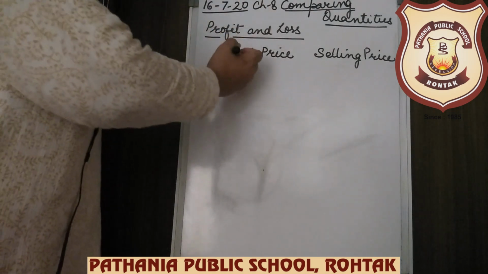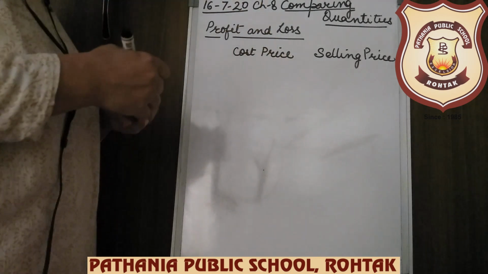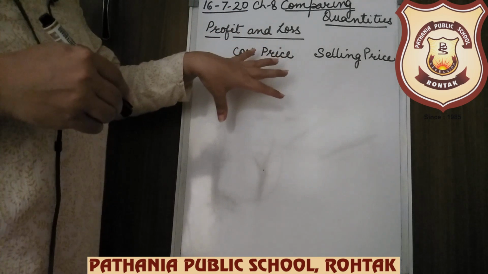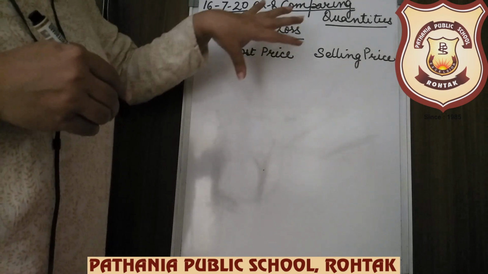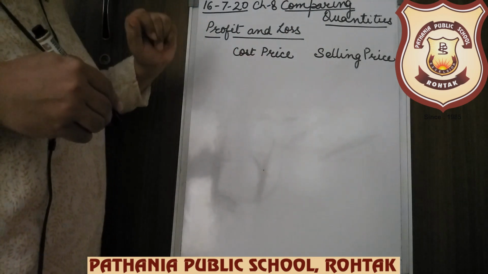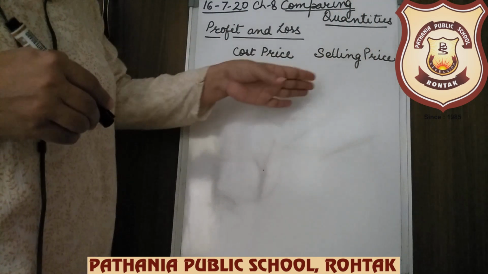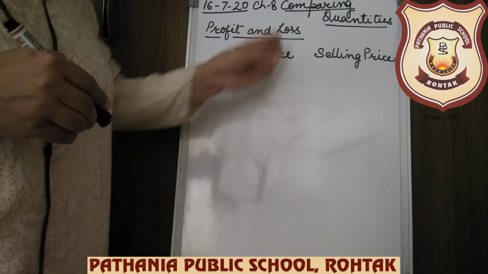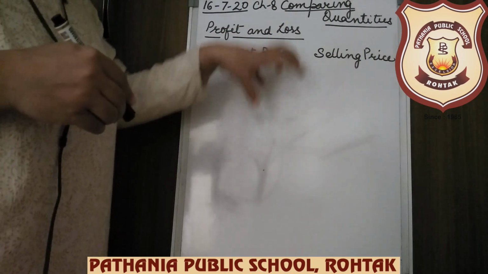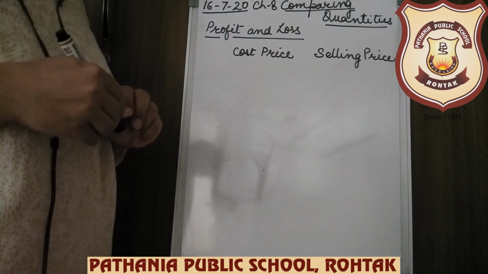So this is the price which the shopkeeper has paid to bring the articles to his or her shop. That is cost price. And the selling price is the price which the shopkeeper tells the customer: this is the price of this article that you are going to pay me.